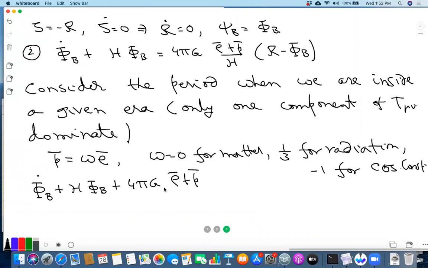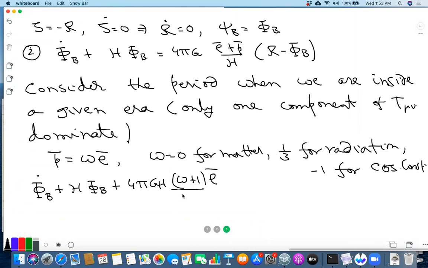Let me write it as 4 pi g h, I'm going to multiply by h, over w plus 1 times rho bar.